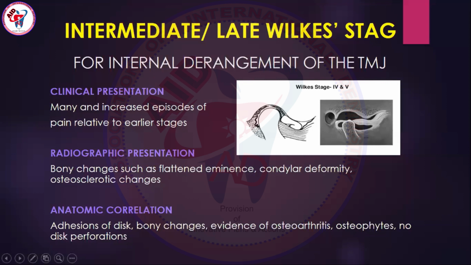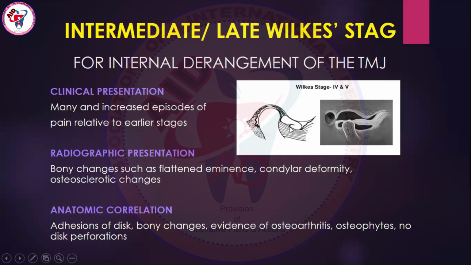Anatomical correlation: the disc is adhered to the anterior limit. There are bony changes, evidence of osteoarthritis, osteophytes, and no disc perforation. The disc has just gone anteriorly. In toto, this whole disc is placed anteriorly.